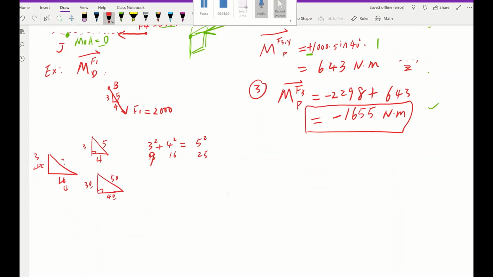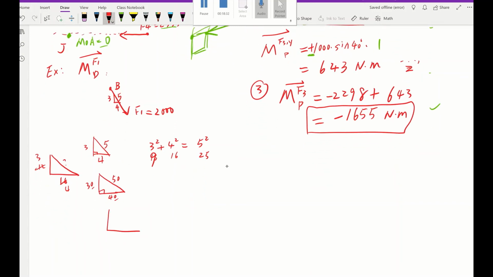Now let's look at some other things. And let's look at this. If this is 5, this is 12, what would the hypotenuse be? 5 squared plus 12 squared, so it's 25 plus 144. That's 169. 169 happened to be, that's right, 13 squared.